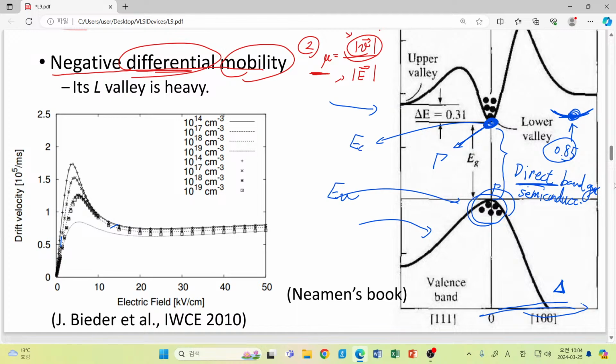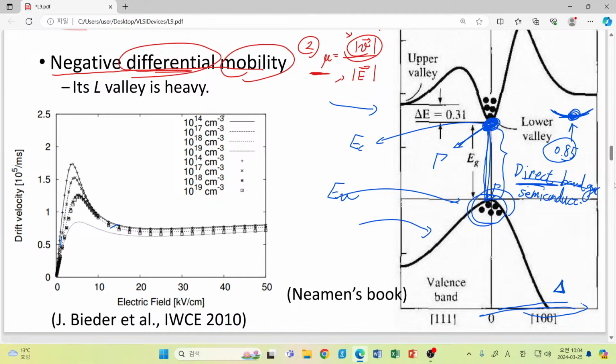At the same K value, we can find both the conduction band minimum and the valence band maximum. That is called a direct band gap material.